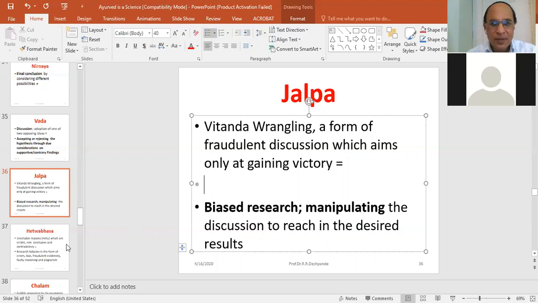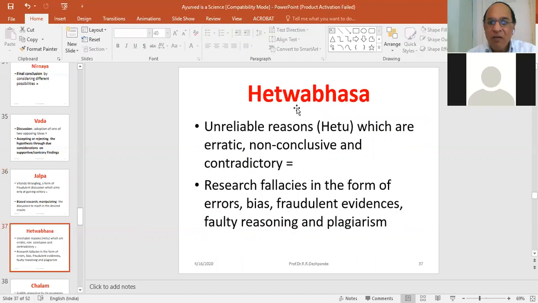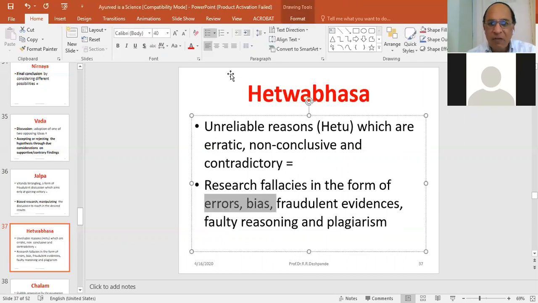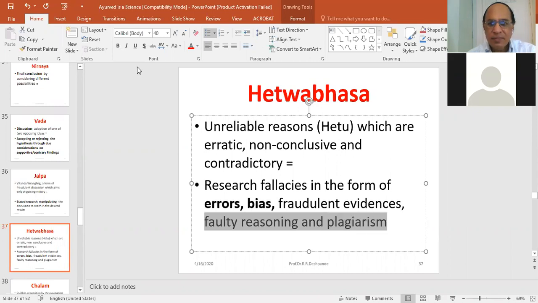Okay. Next, Hetwabhas. Hetwabhas comes under errors and bias. Hetwabhas means errors or bias or faulty reasoning and plagiarism. This is just a comparison of the modern research terminology and the Ayurvedic terminology mentioned in Samhita.